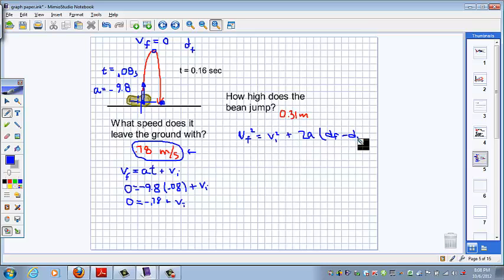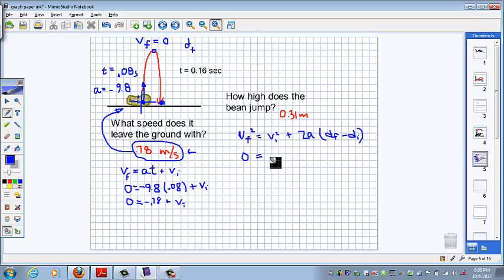That's our good equation. Let's take a look at our picture. Our final velocity at the top here is still 0. 0 squared is still 0. It's so nice when you have a picture and you label all the key spots. Then you just have to fill in the blanks.